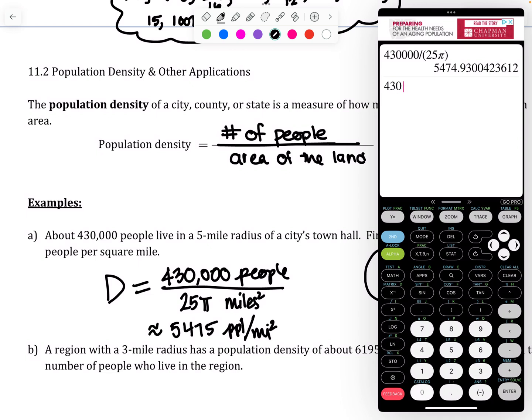We could also do 430,000, divide that by 25, and then divide that by pi, if you want to do that in 2 separate steps. But as you can see, if we do 430,000 and we divide by 25 pi, and we forget to enclose that in parentheses, it's not going to give us the right answer.